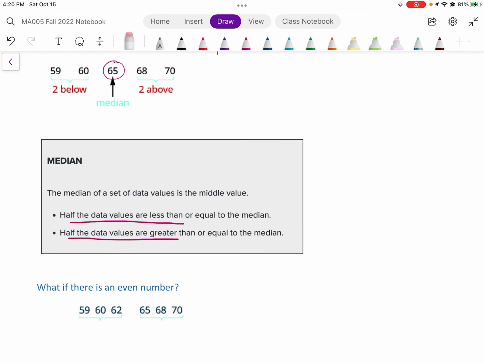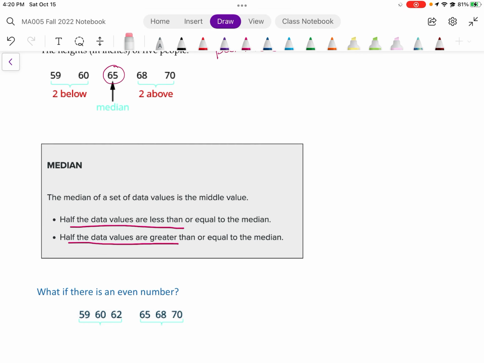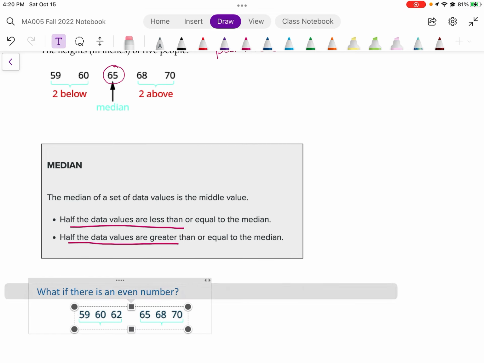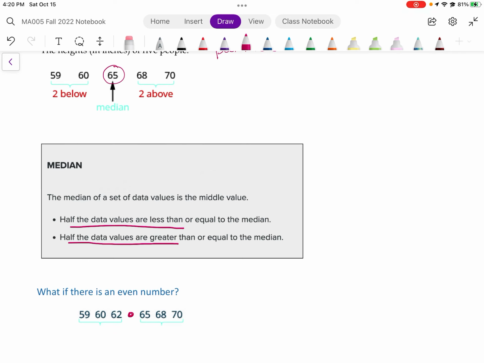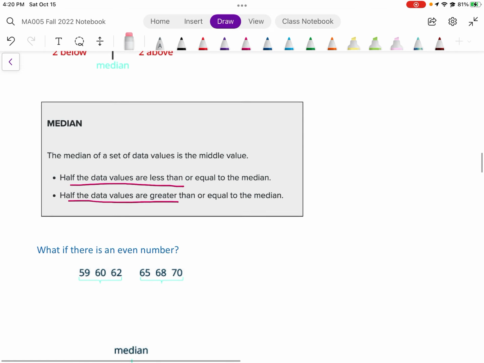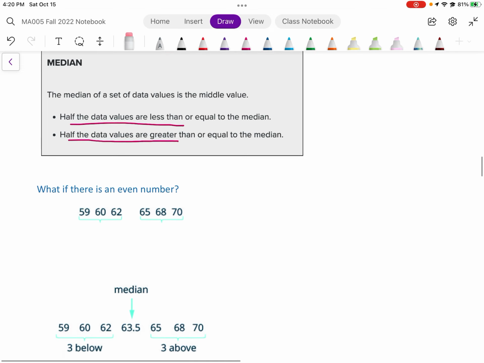So what is the middle? Well, the middle is here, in between 62 and 65. There's no number there. So what's the median? Well, what we're going to do is say the median is halfway between these 2 numbers. What I will often do in class is put a box around the 2 and make an arrow and say we are going to find the average or the mean of these 2 numbers.